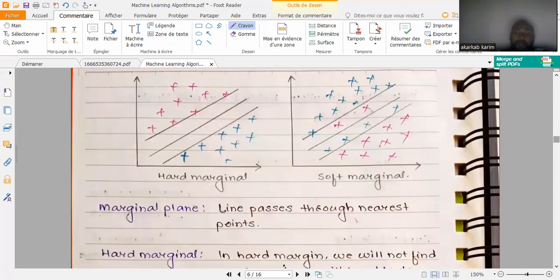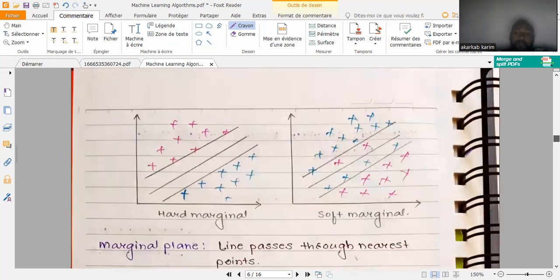Well, if we go through this figure, we have hard margin and soft margin. Here is the difference between both. In the hard margin, the points are perfectly separated.